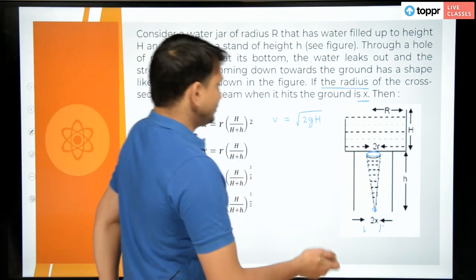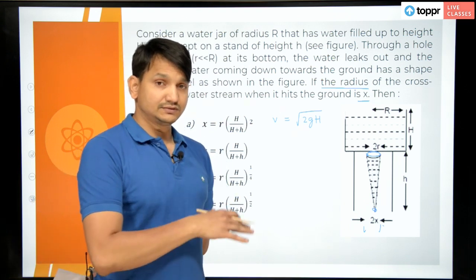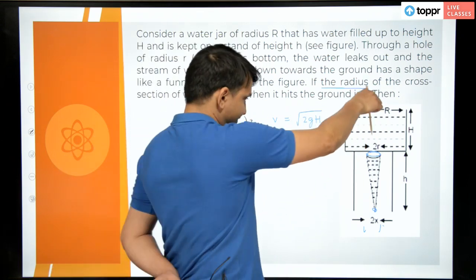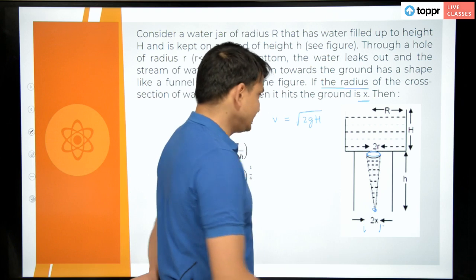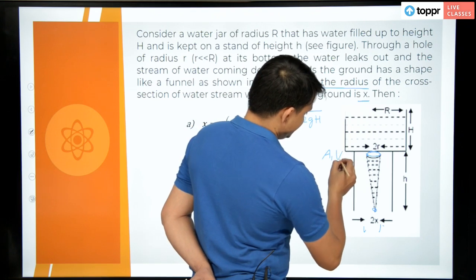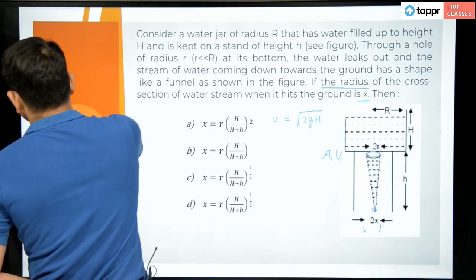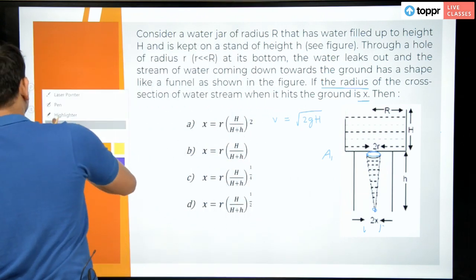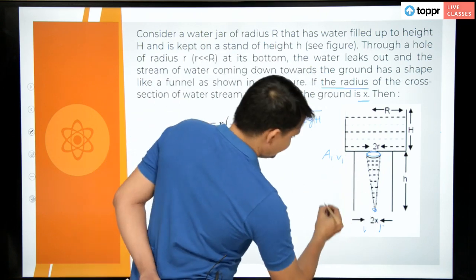So, we know the concept of continuity of flow. If some volume is passing through this part, the same volume would be getting out of the lower part. So, A1 v1, let us say this is smaller v because capital V confuses with the volume, A1 v1 is equal to A2 v2.